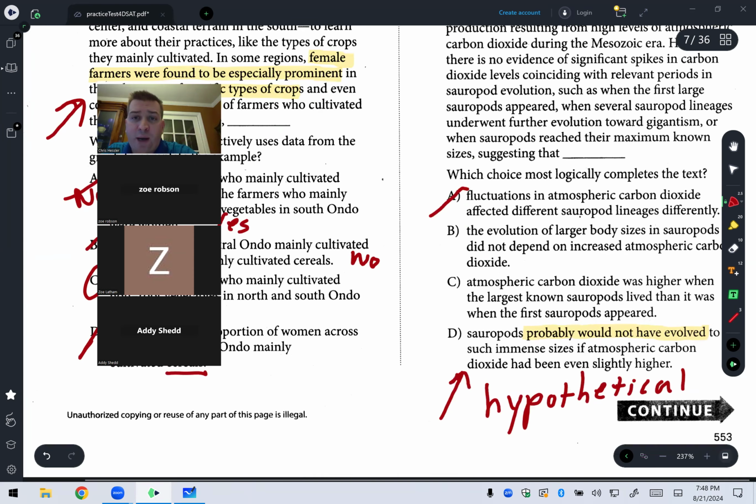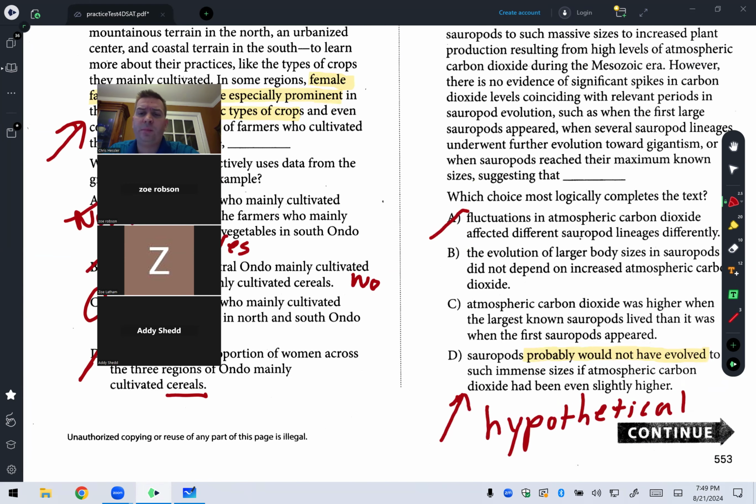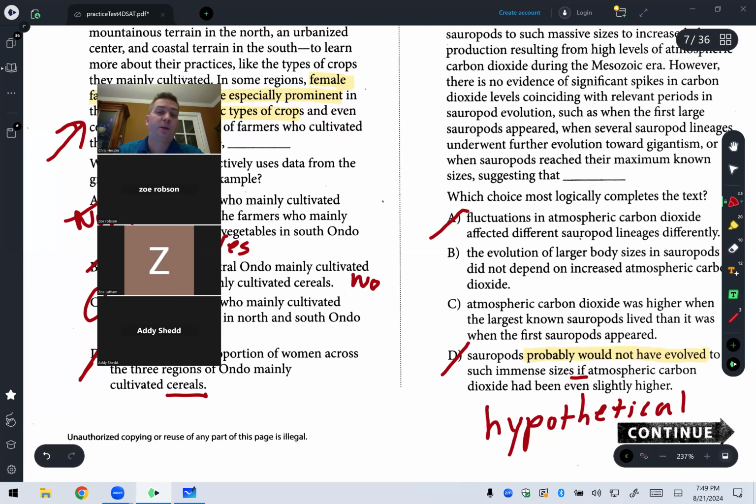Do we know based on this passage, when several sauropod lineages underwent further evolution toward gigantism, or when sauropods reached their maximum known size, does this suggest that sauropods probably would not have evolved to such immense sizes if atmospheric carbon dioxide had been even slightly higher? That's a lot of ifs. We're going super hypothetical here. We can't possibly know this information. And the passage never makes this claim, this really, really hypothetical claim.